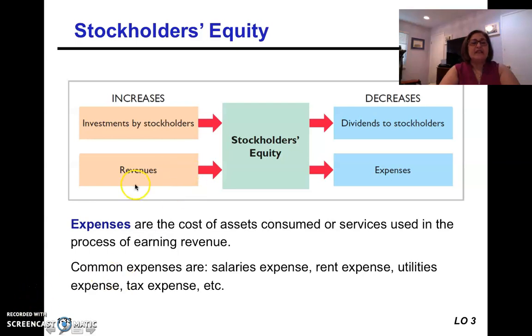Basically, at the end of the year, you will see in Chapter 4 that we transfer revenue, expenses, and dividends to a different account called retained earnings. And retained earnings basically is the accumulation of the net income of the company minus dividends for prior years since the company has started doing business.